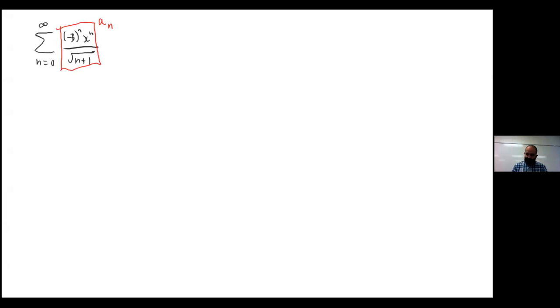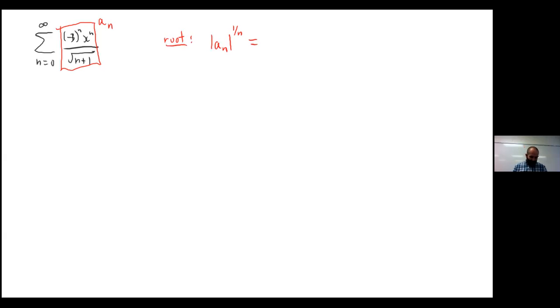Jared, you said you tried. Well, what happened? Yeah, okay, so you took this to the 1 over n, right? And what you're saying is you combined the -3 and the x under the 1 power, and you wrote n plus 1 to the 1/2, okay?